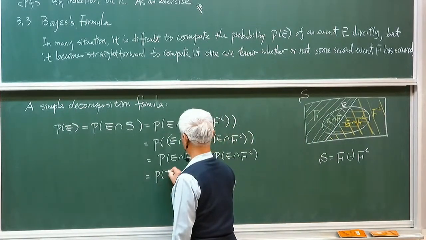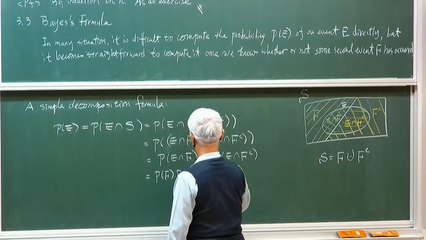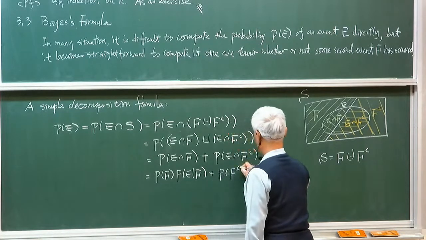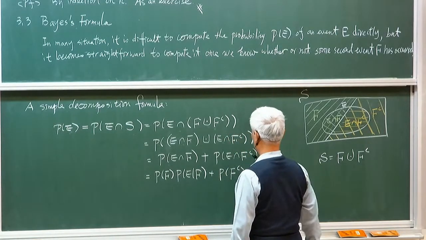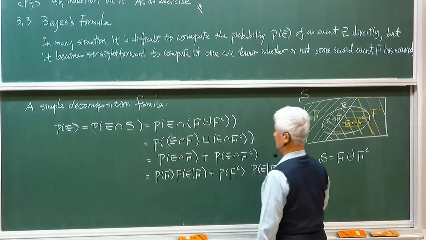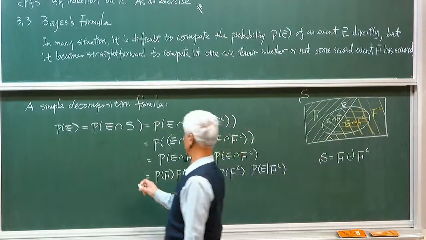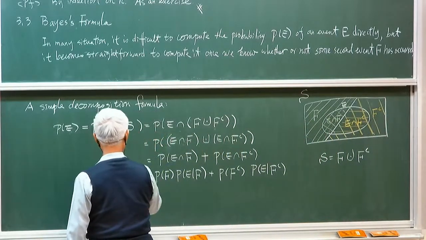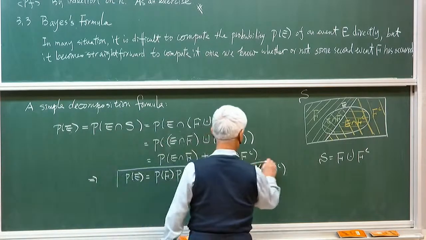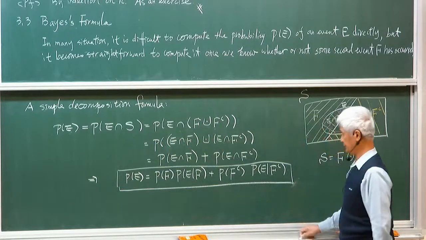So this is P of F times P of E given F, plus P of F complement times P of E given F complement. So this is our decomposition formula.